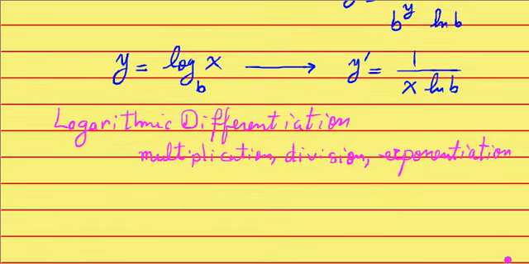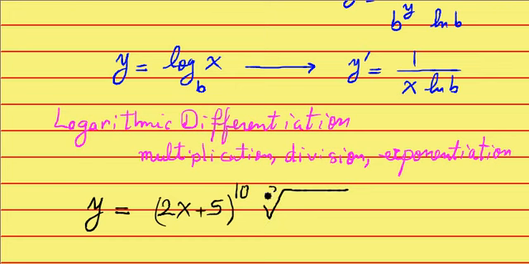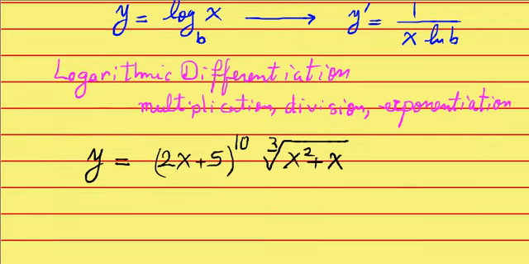Let's go ahead and take an example and show you in the context of an example how this goes. Suppose I have a function, call it y equal to, let me just pick something, say (2x plus 5) to the power of 10 times, say, the cube root of x squared plus x, something like that.